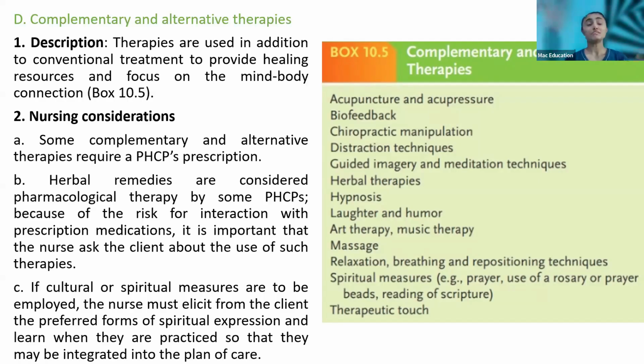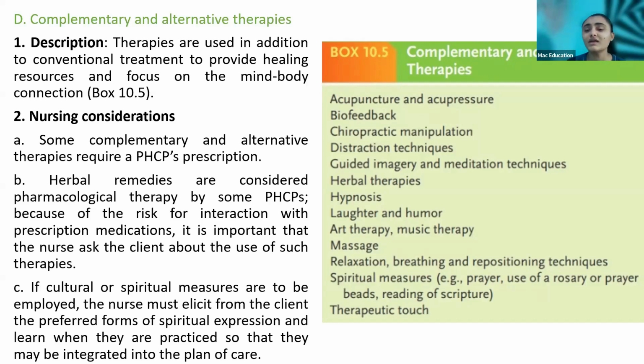You have to tell the patient to do meditation, which helps to reduce the pain. Then herbal therapies. We have seen in pharmacology that a patient is taking some herbal therapies to relieve the pain. So we will see what the herbal therapies are.